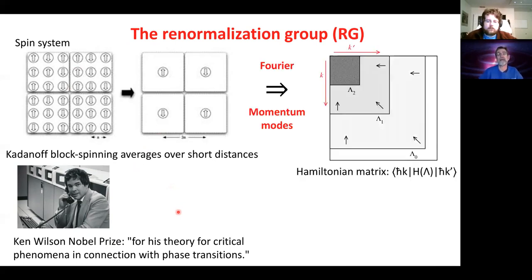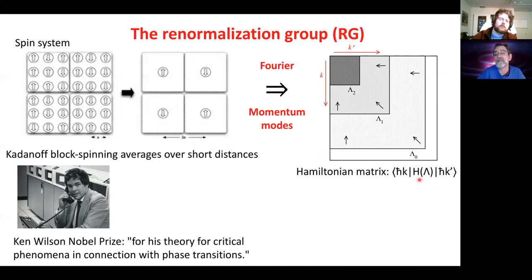So what was that about? So the picture here is all matrices. So think of a Hamiltonian matrix in momentum representation. So low momenta to high momenta going this way. And what Wilson said to implement this kind of idea is to say, let's make a cutoff in here and set everything to 0 above that cutoff. And then we're going to lower it step by step.